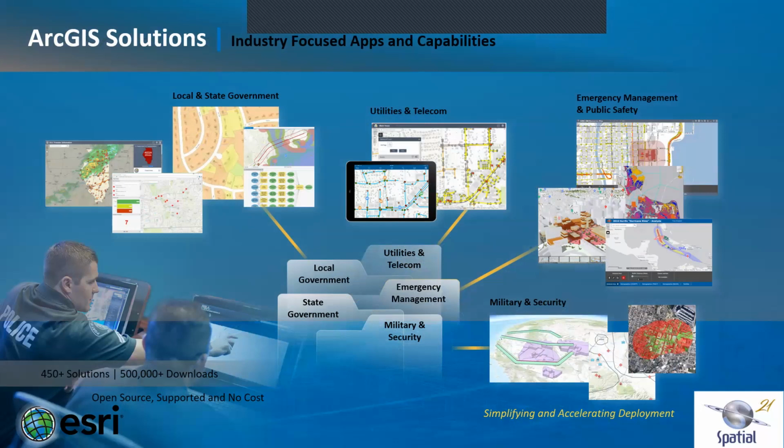These are apps and solutions which are open source. You can just download them and they simplify and accelerate making your system come alive. There have been more than 500,000 downloads of these different applications, and millions of deployments of these applications.